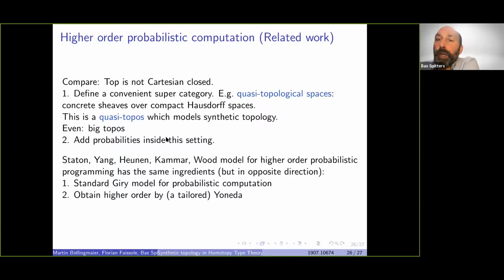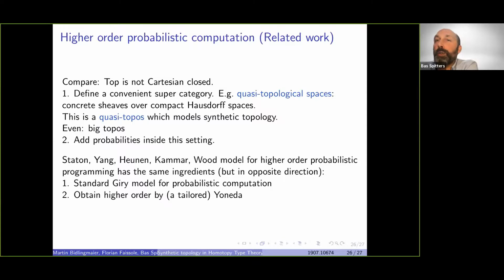Now some related work. You've seen Sam Staton talk before. So I'd like to compare with the work they've been doing on probabilistic programming languages, which has some of the same ingredients. So what we did here is we started from the observation that the category of topological spaces is not Cartesian closed.